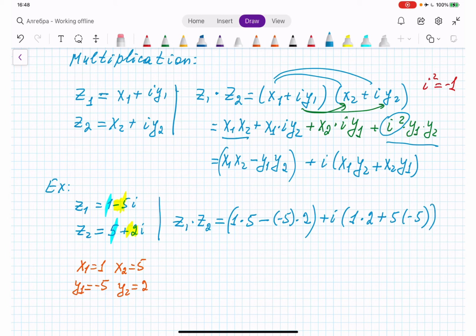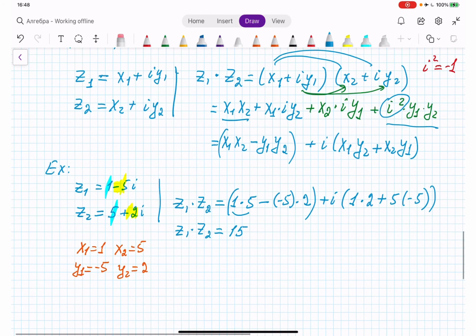So from here, z1 times z2 is equal to, what do we have? This is 5, right? This is minus -5 times 2, so 5 minus -10. So it's going to be +15.